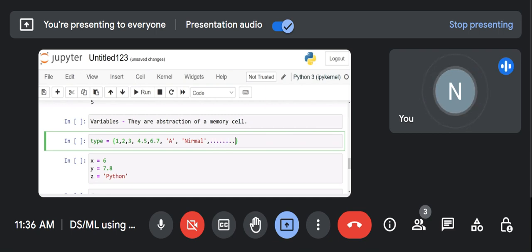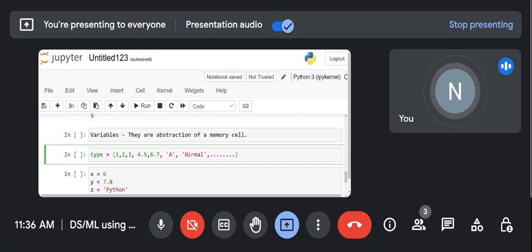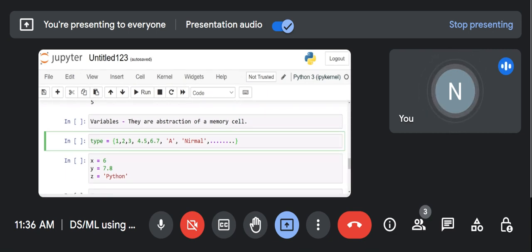Okay, so first there is a type. A type is a set of all kinds of values, and if you pick a data or an element from this type, which is a set, that is said to be a data type.